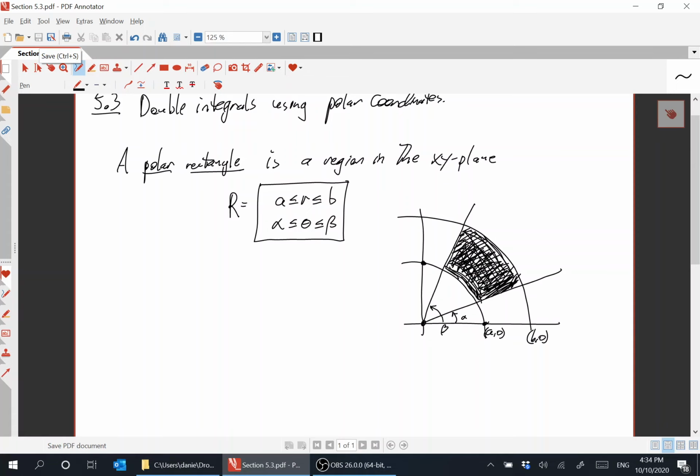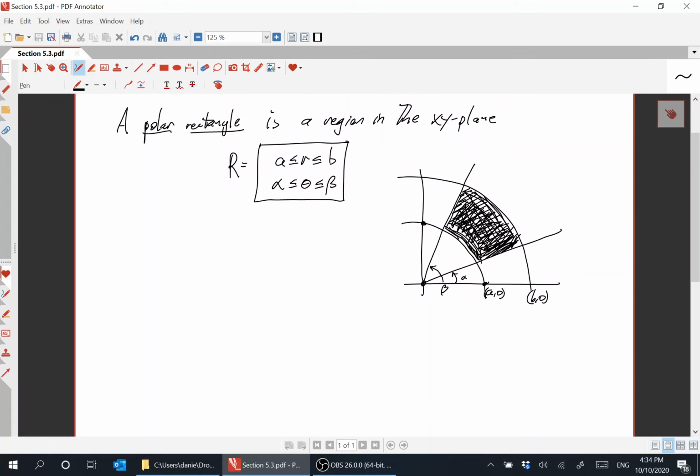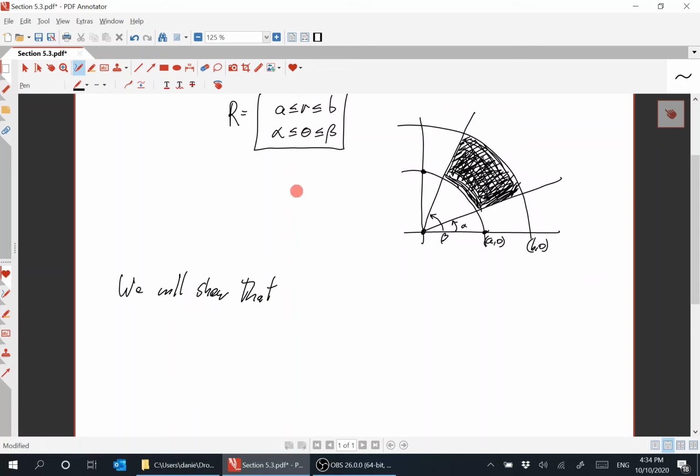So what we want to do is to show the following. The double integral over the region R of f(x, y) dA is equal to, and instead of iterating with x and y, we're going to iterate with r and theta.